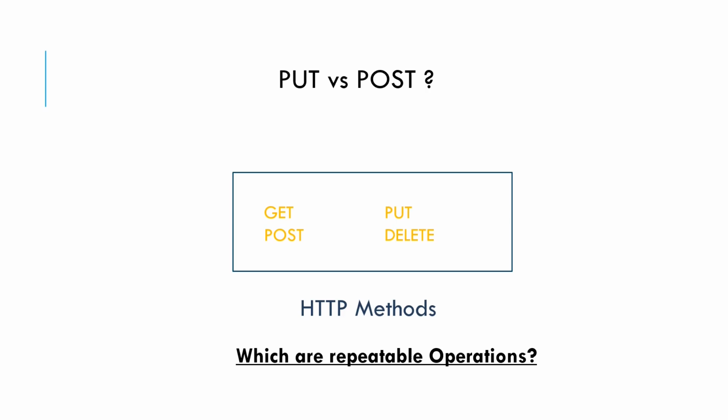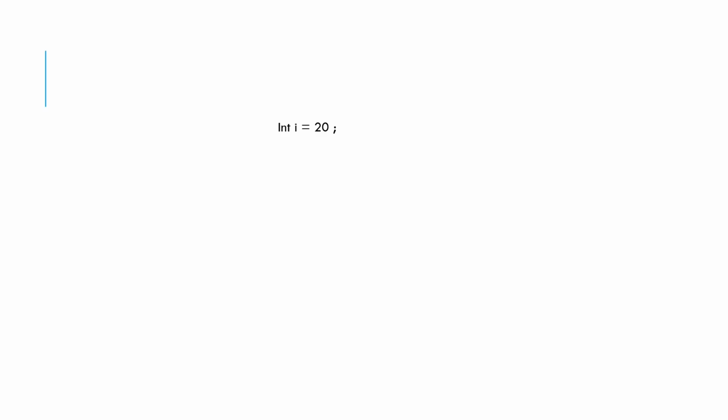Let's take an example from programming. Whenever we do any programming, maybe in Java, C++, or C, we always assign a value to a variable. Suppose here you can see we have an integer variable I and we have assigned a value of 20. So we are writing the value 20 into I. But if in the next line I repeat the same, what happens?